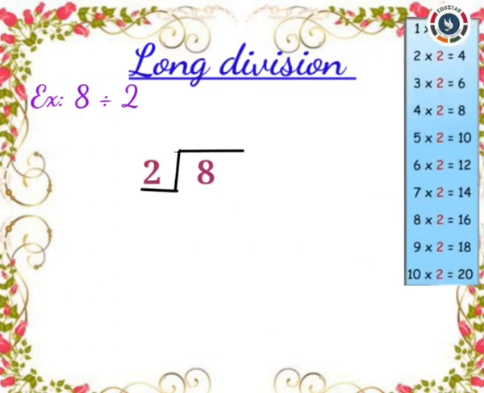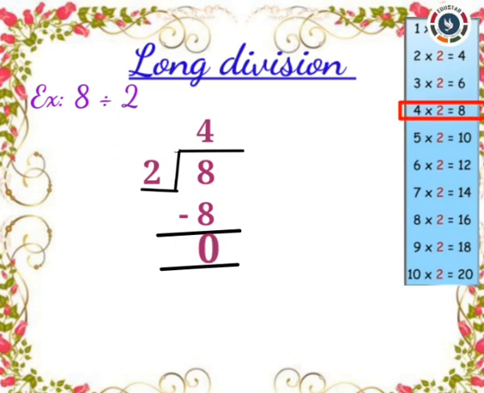How many 2's make 8? We know 4 2's are 8. Write 4 above the dividend. Write 8 below the dividend. And subtract. 8 minus 8 is equal to 0. So there is no remainder and the answer quotient is 4.